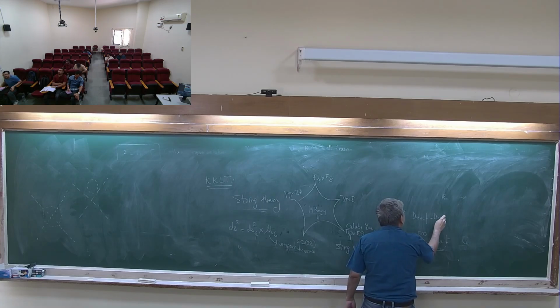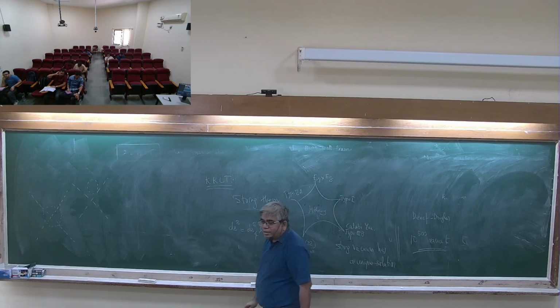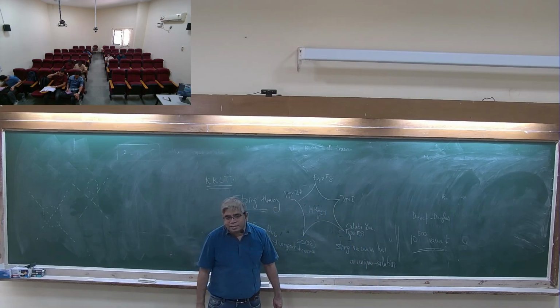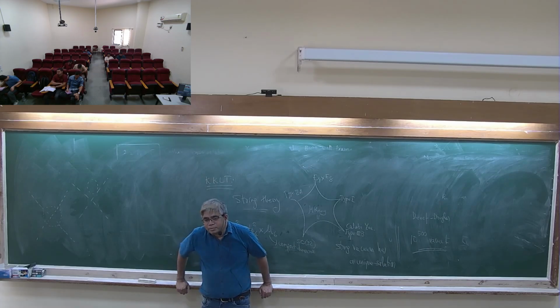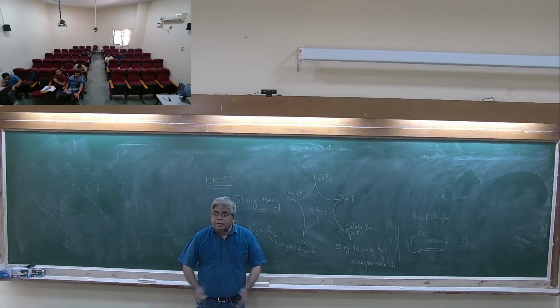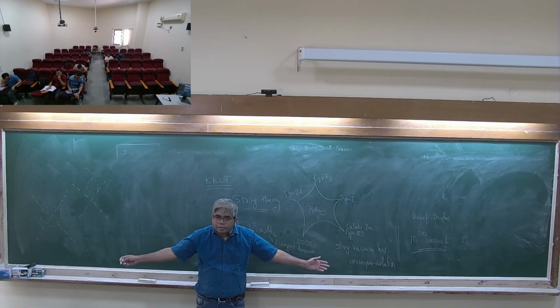Mostly it was Denef and Douglas who did this counting, roughly. You can estimate it from the number of configurations possible. These are not explicit counting. So you suddenly have 10 power 500 vacua possible from string theory.